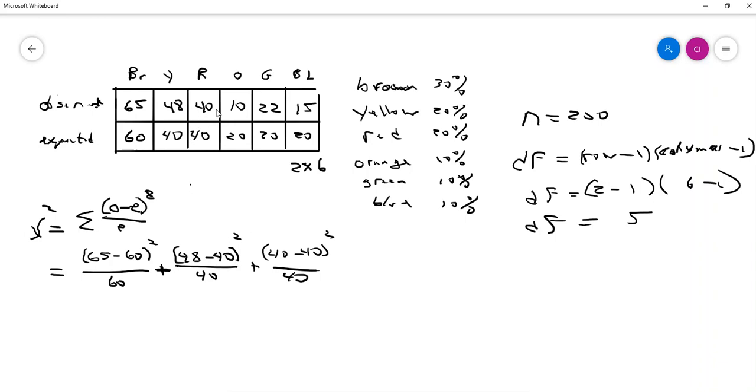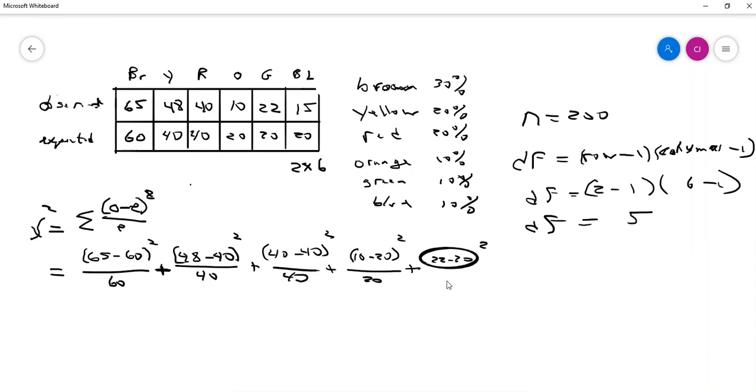We're looking at how big a difference the colors were to what we expected. We're doing each color. Red came out exactly the way we expected, so 40 minus 40 gives 0, which means no difference. Plus 10 minus 20, well, that's negative 10. We square it to get rid of the negative, over 20, plus 22 minus 20, squared.